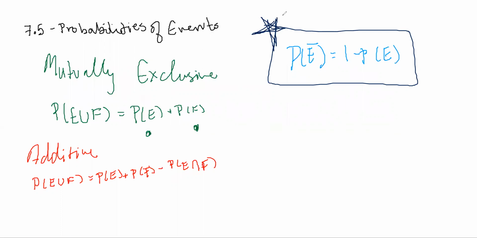Also something to look out for, because in terms of the exam, there are certainly times when on the exam they'll say, what are the probabilities of this not happening? And so you have to go through the whole process to say, okay, so this is the probability of it happening, and however many steps you have to do to find that, and then you just do 1 minus the probability of it happening.